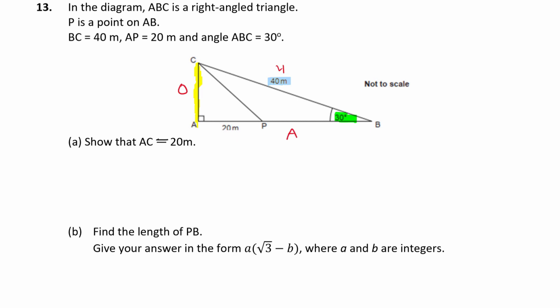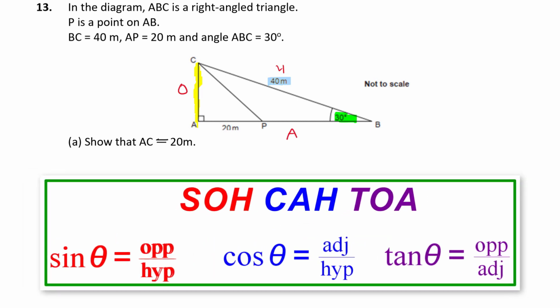Okay, so time to think about our mnemonics, SOHCAHTOA. Now, we have got a hypotenuse and we want the opposite. So which one is about O and H? It's the SOH part, isn't it?